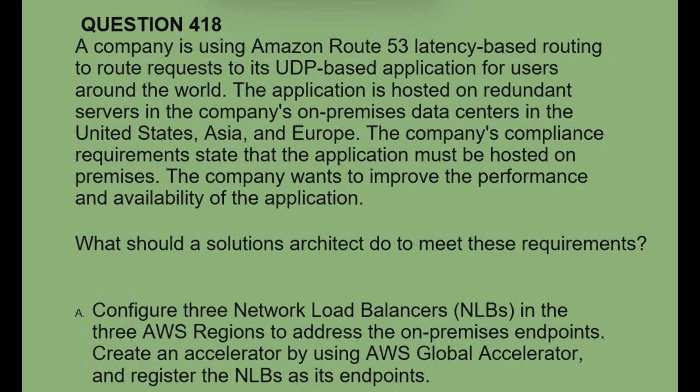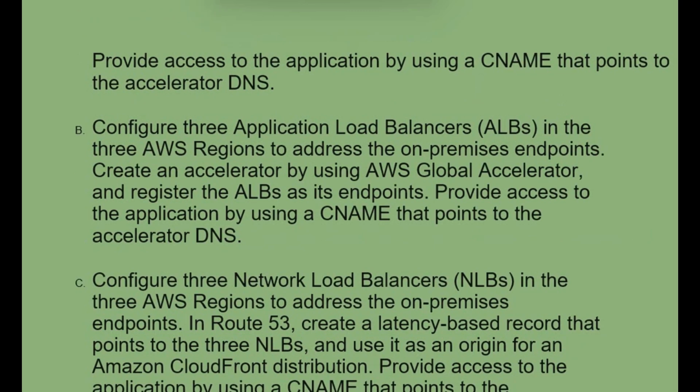Option A, configure three network load balancers (NLBs) in the three AWS regions to address the on-premises endpoints. Provide access to the application by using a CNAME that points to the accelerator DNS.